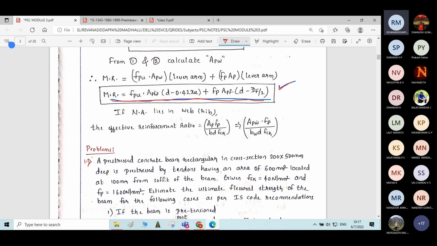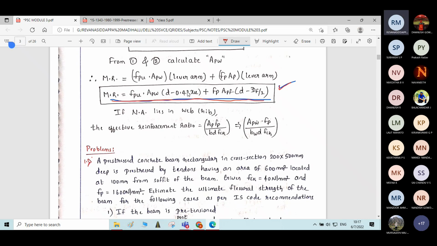In this formula, you can see that Apw is there. Apw means area of prestressing steel in the web portion. fpu, the ultimate tensile stress, is there. Apf is there, area of prestressing steel required for the flange portion. Then you need all these values, correct?